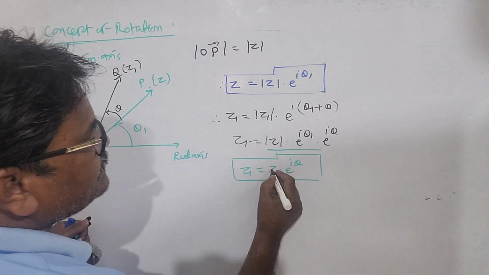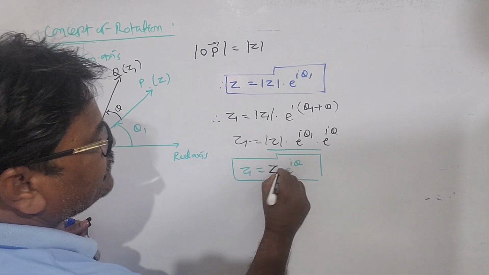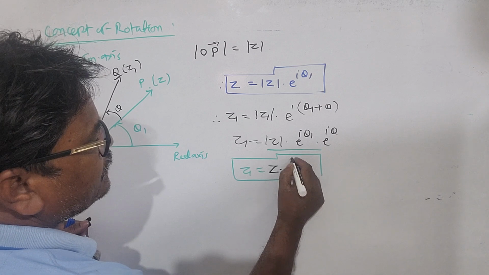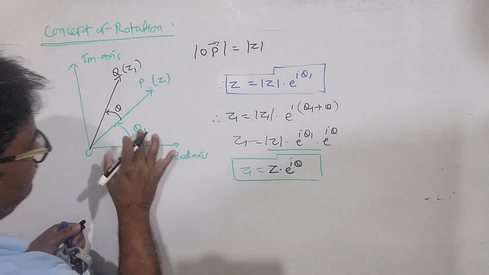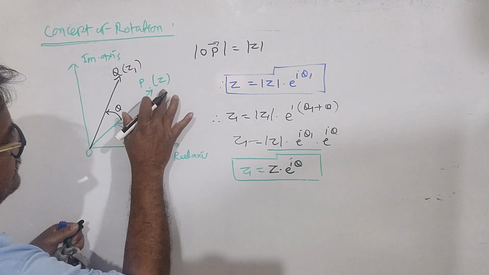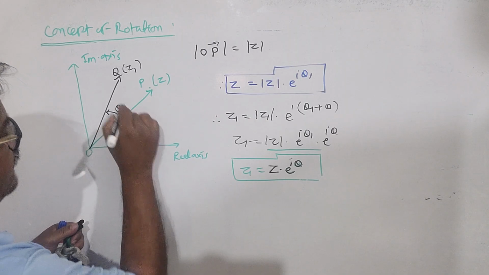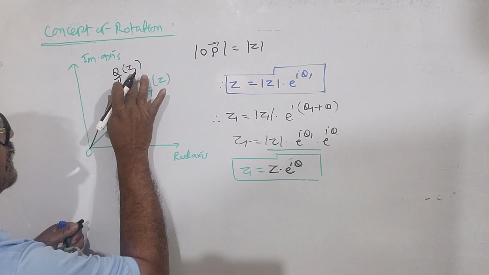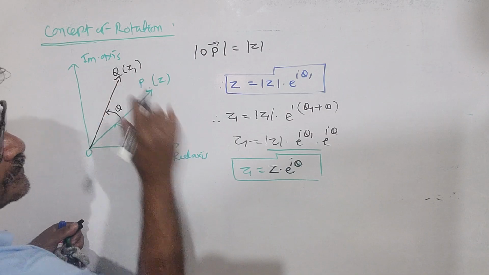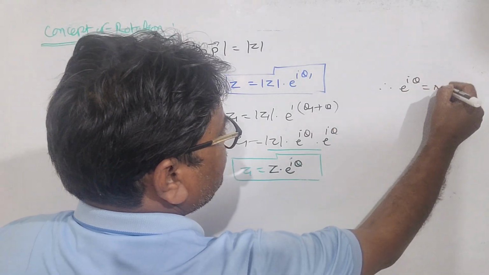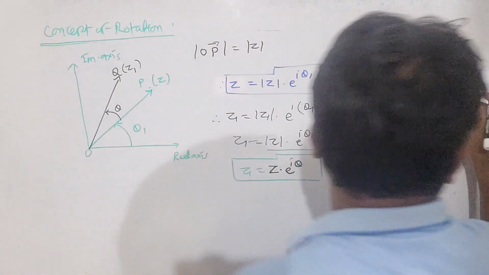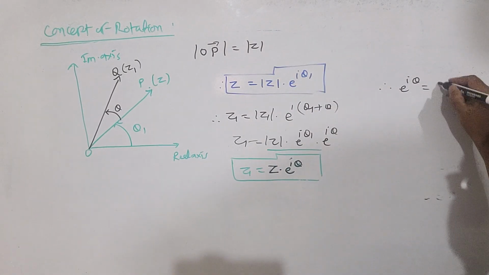We are multiplying Z with e to the power iota theta to get Z1. Here you are rotating Z by theta degrees anti-clockwise to get the new position Z1.